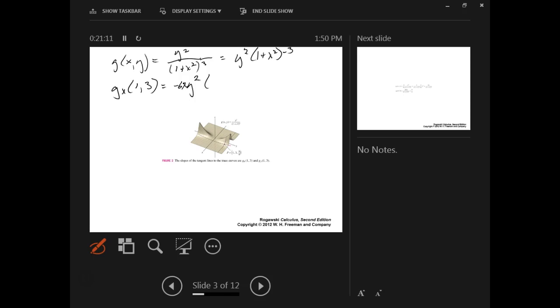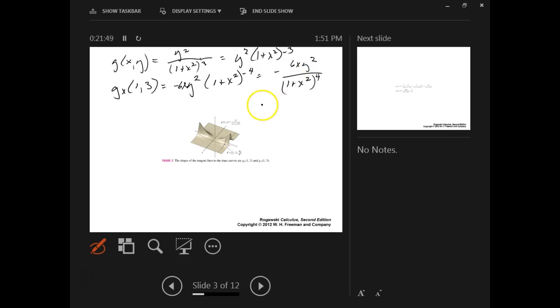That's doing the chain rule and everything else, except for dropping the power. 1 plus x squared to the negative 4. When you take the derivative, you drop the power. So if you want to write that the way they did before, that'd be minus 6xy squared over 1 plus x squared to the 4th power.